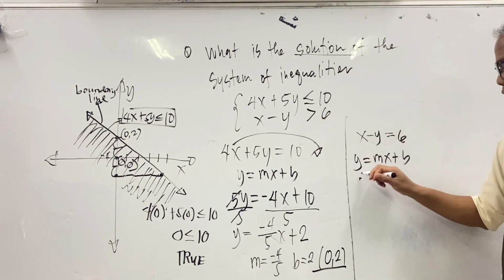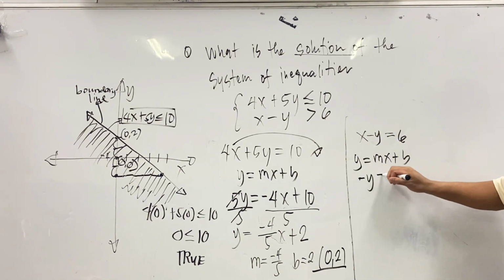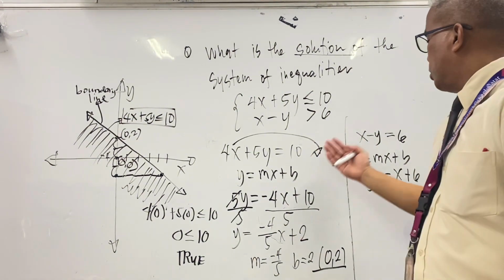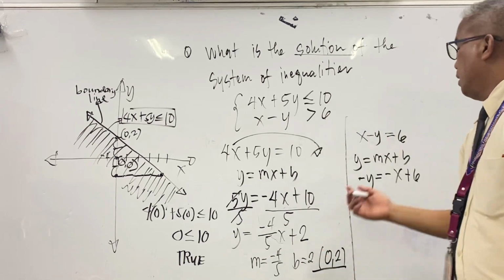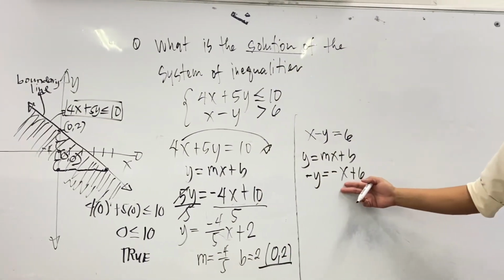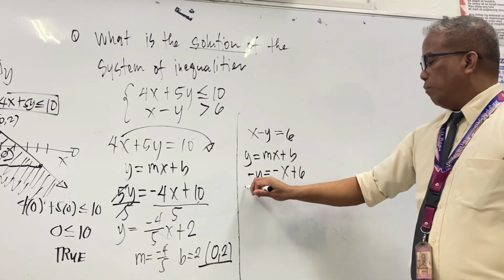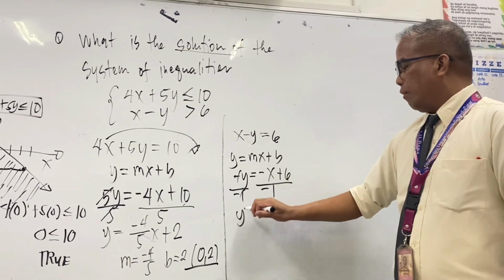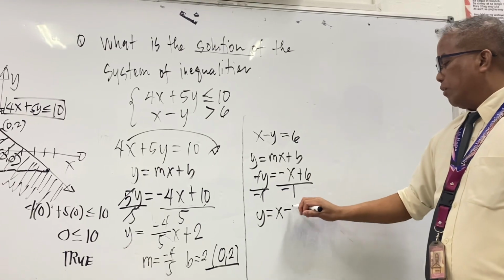So the equation now will become negative y equals negative x plus 6. I just transpose positive x, so it became negative x. So divide both sides by negative 1. So y equals x minus 6.